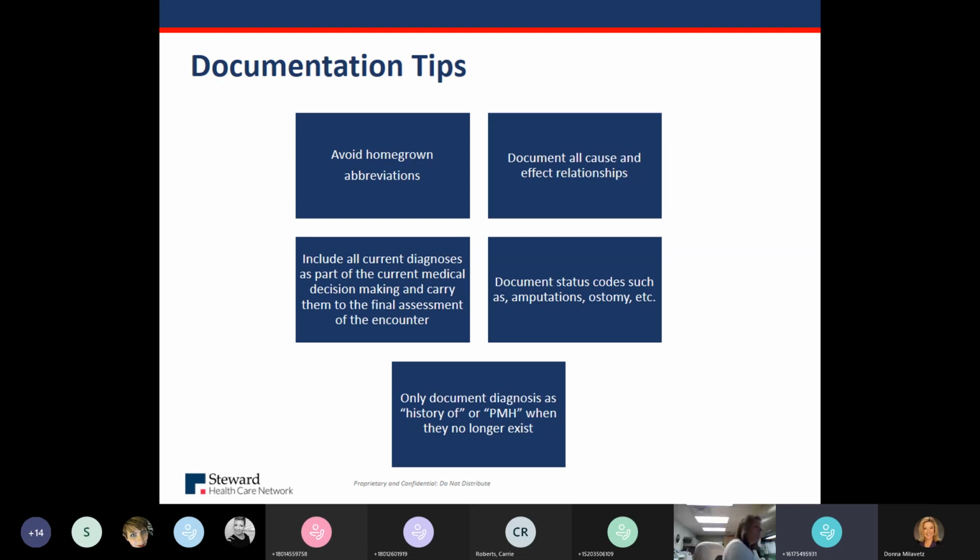And the hardest one for me when speaking to providers, because I know they use the past medical history, is that they may put chronic conditions that still exist, but only document diagnoses as history of in the past medical history when they no longer exist. It certainly makes it easier for coders and billers.